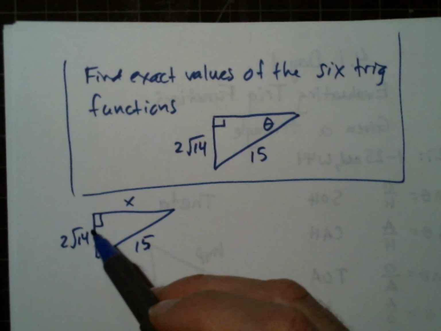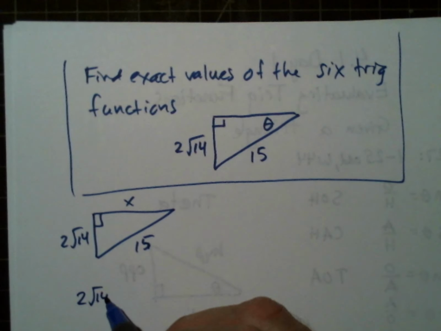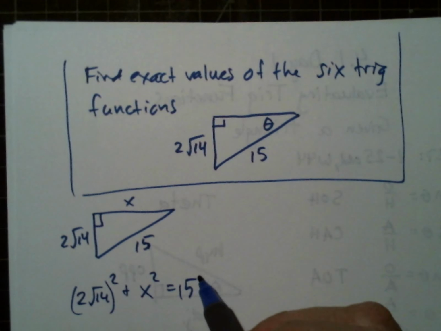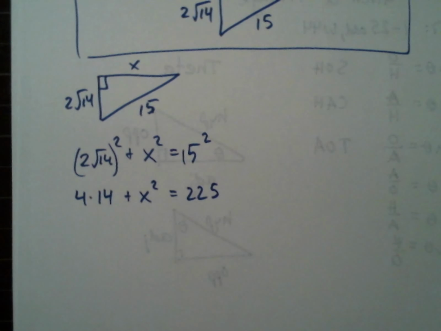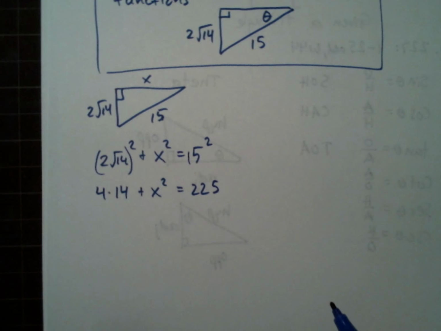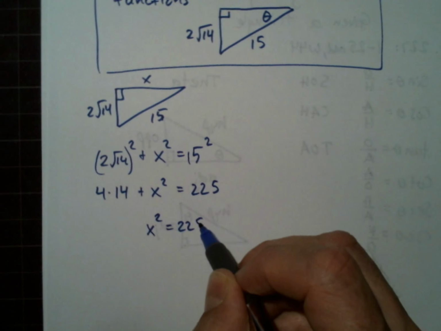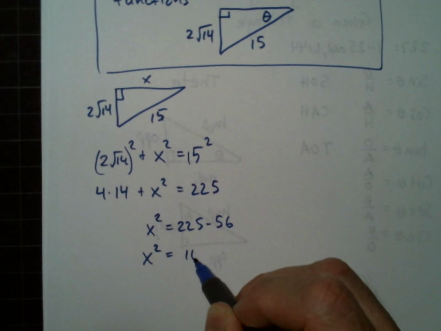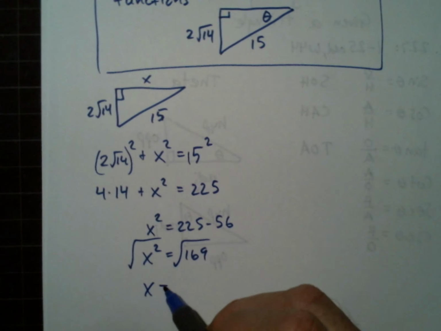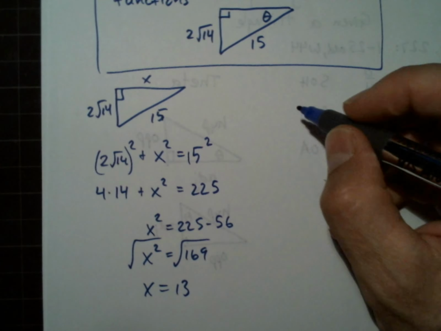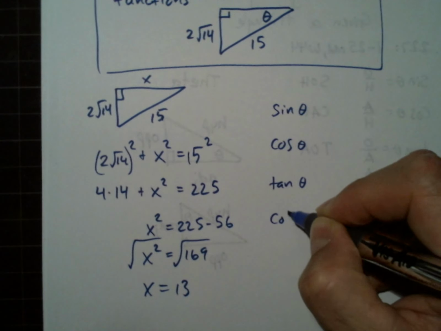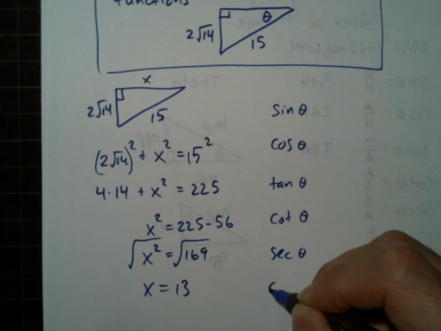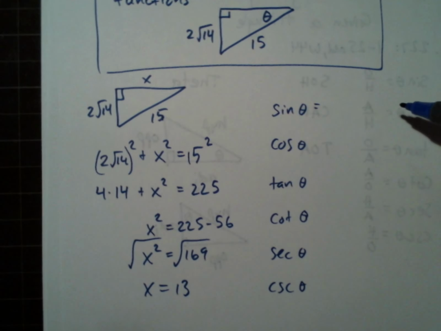So we have a squared plus b squared equals c squared. And then we have, all right.